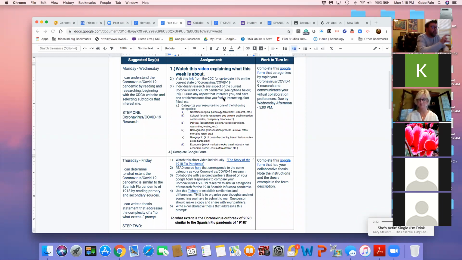So keep those time frames in mind so you don't just sit in front of a computer. As I say in the video that you probably haven't watched yet, but when you do, the idea is also not to freak you out about coronavirus, because I think when you start reading more about the Spanish flu, you'll see that we have it pretty lucky so far compared to what they did in 1918 and 1919.